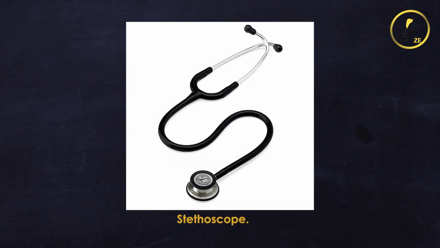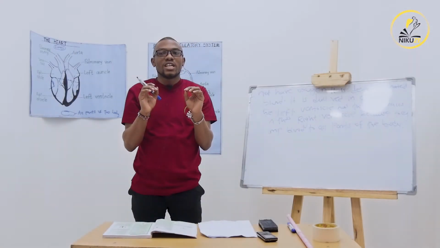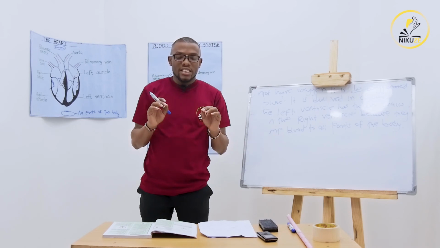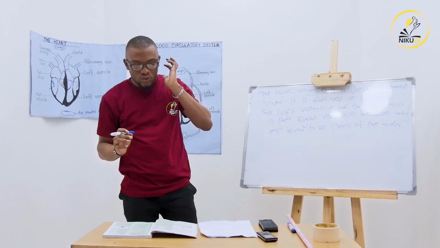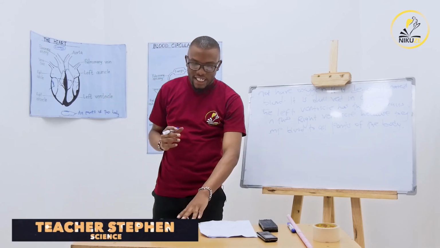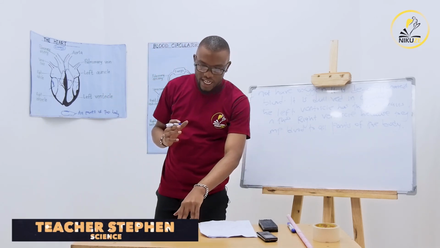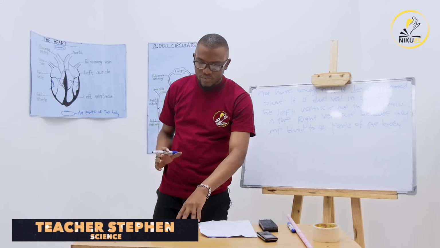He puts it on your chest like this, then listens from the ears to know how your heartbeat is. That instrument is called a stethoscope.